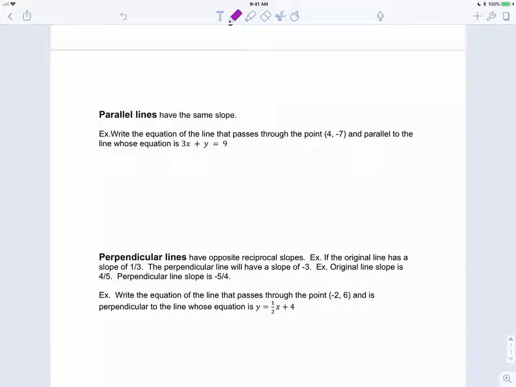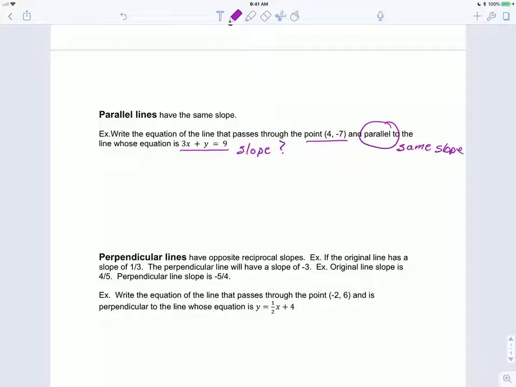All right, so an example of a problem is: write the equation of the line that passes through this point and is parallel to this equation. Well, when we see this, we know it's got to have the same slope. So what's the slope of that equation?